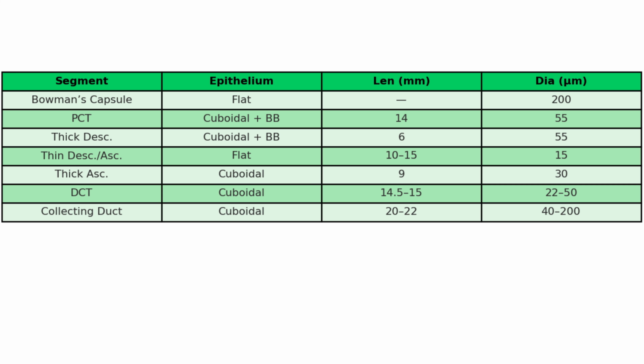The wall of the PCT is made up of a single layer of cuboidal epithelial cells. A key identifying feature is the brush border. These are the tiny hair-like projections that extend into the tubule's lumen. These microvilli dramatically increase the surface area, making the PCT highly specialized for reabsorption.